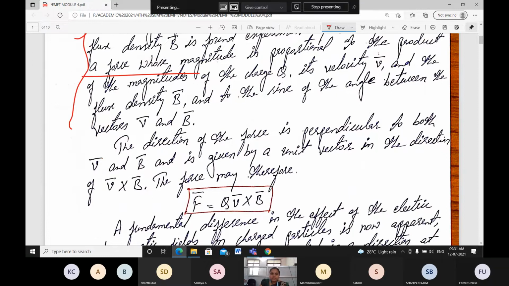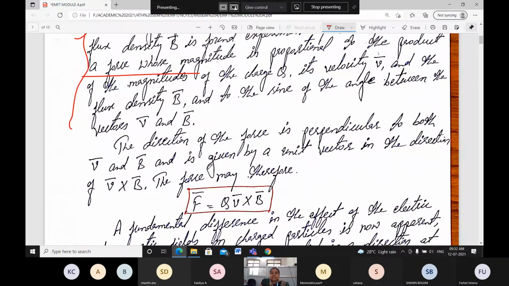The direction of the force is perpendicular to both the velocity and the flux density, so it is given by a unit vector in the direction of the cross product of velocity and flux density.